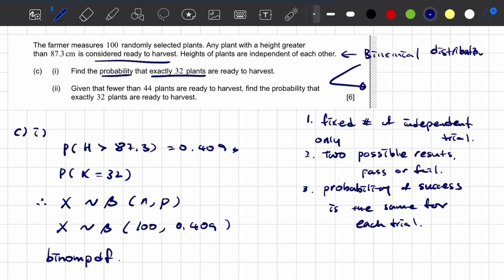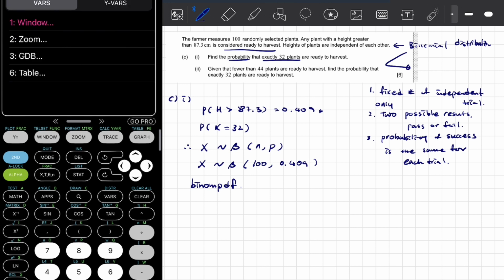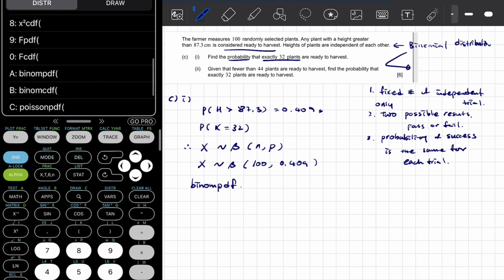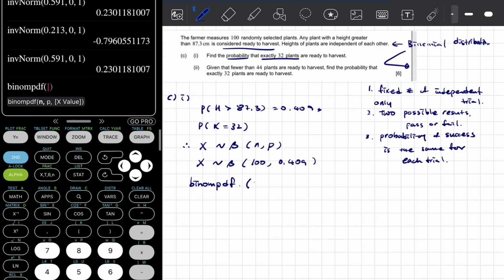Okay, then once we are done with identifying the problem as a binomial distribution, we're going to use the binomial PDF function from the calculator. So using the second distribution again, we're going to go to binom PDF, and you're going to enter your values. First value will be your total number of the sample, right? After that, you're going to identify your probability, which is 0.409, and your x value, which is 32.